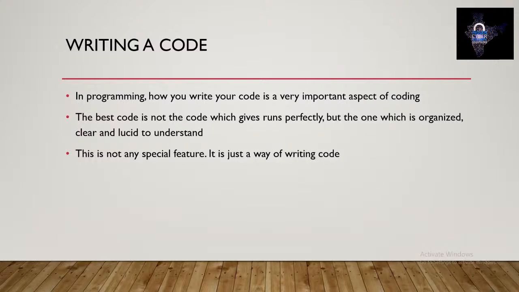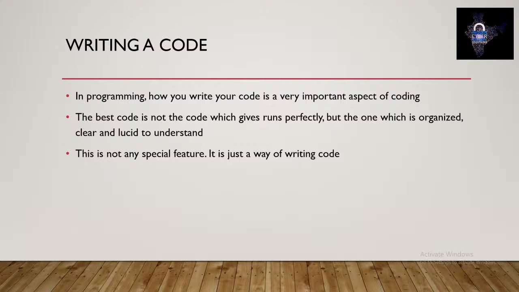That means my code is better than his because I have written it in fewer lines, and I have done something which has cost me less time. The best code is not that which gives perfect results, but which is more organized, clear, and lucid to understand.